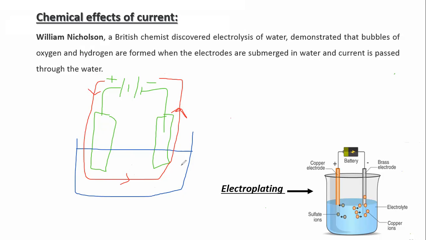Two processes occurred at that time. The first one was electrolysis of liquid, in this case water, and the second process was electroplating.